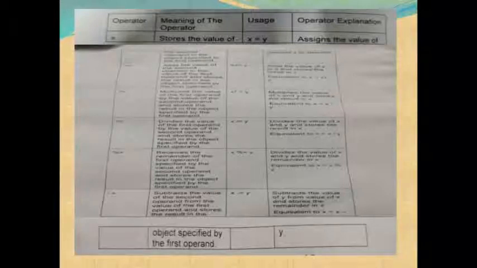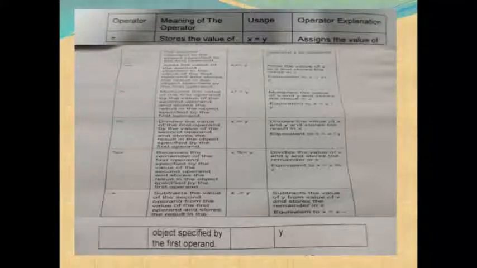Similarly, plus equals to adds the value of the second operand to the value of the first operand and stores the result in the object specified by the first operand. Like as shown, it is x plus equals to y.